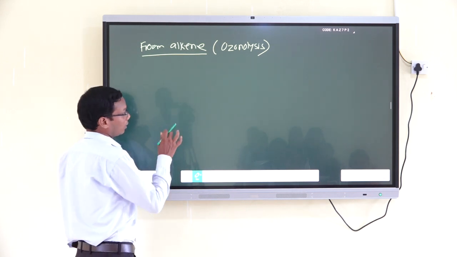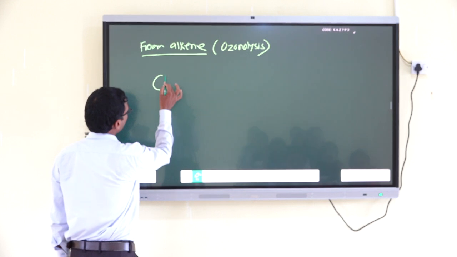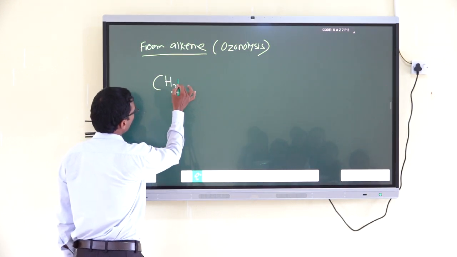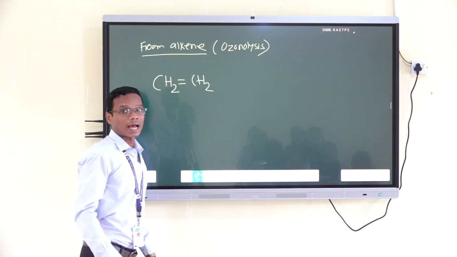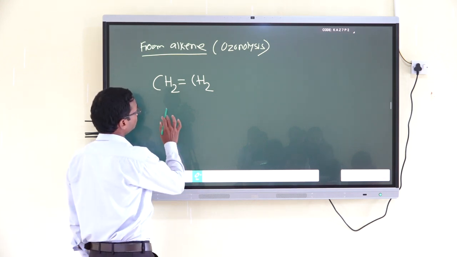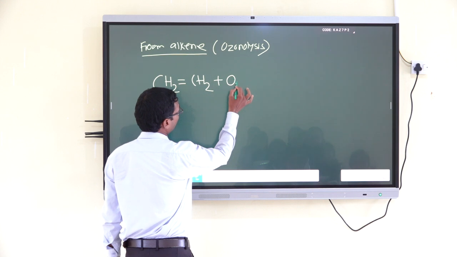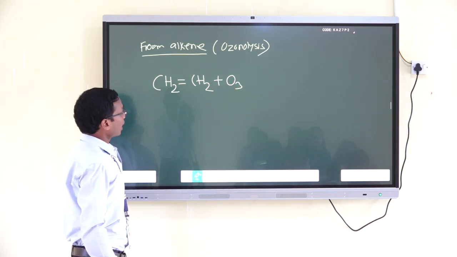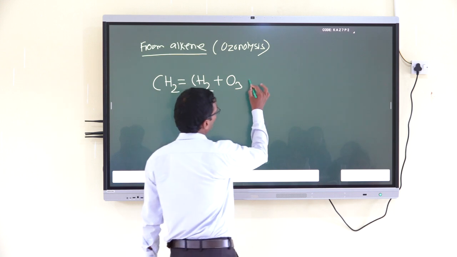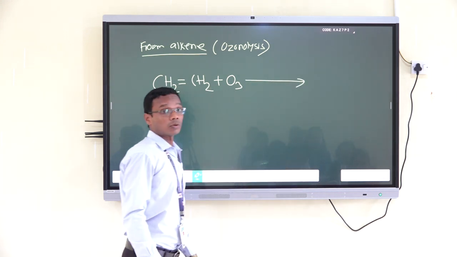First, look at the reaction carefully. Suppose I take CH2=CH2, an alkene, that is ethene, plus O3, ozone. When alkene adds with ozone, it will form an ozonide.